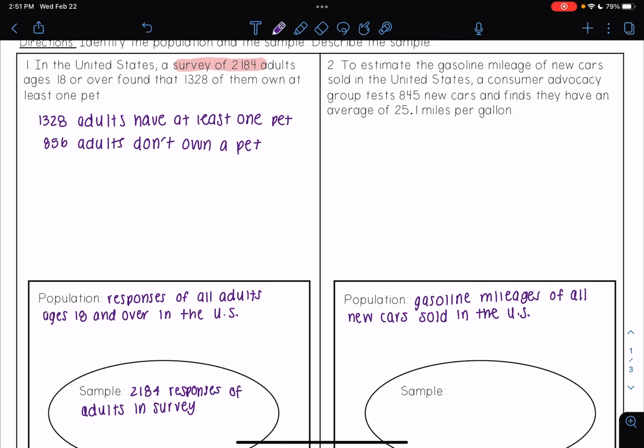However, the consumer advocacy group only tests 845 new cars. So that means that the sample is gasoline mileages of 845 new cars in test.